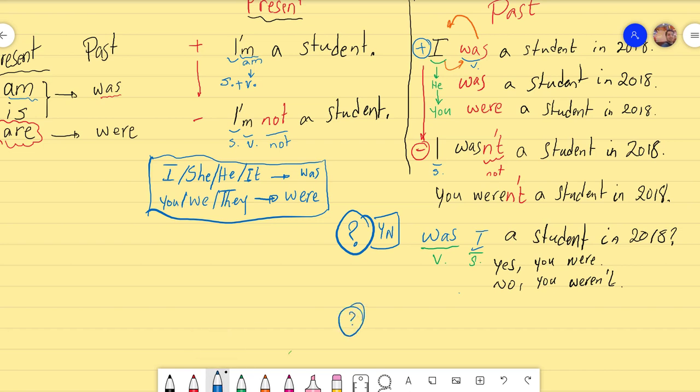How about if I want to make a question with the WH question? First of all, before we continue, what were the WH question words? Do you remember? Words like what, when, where, and a few more. So, now I want to make a question with a WH word. So I write the WH word first. I say where.